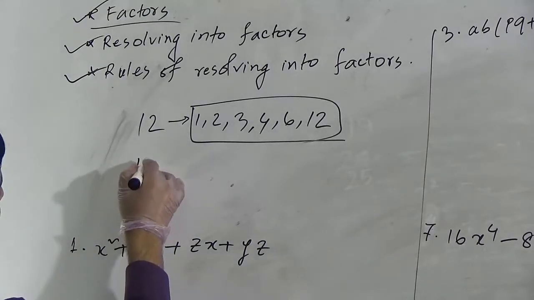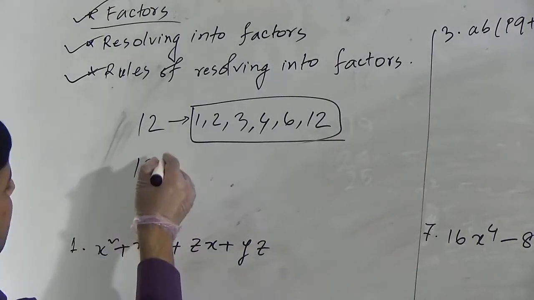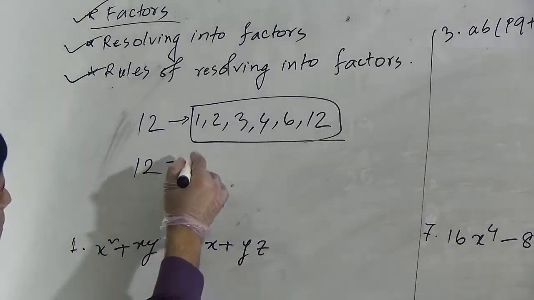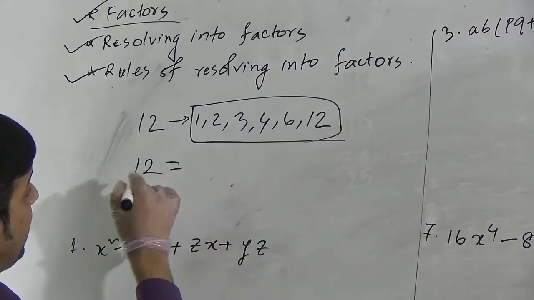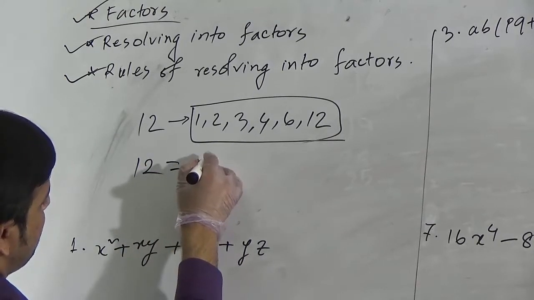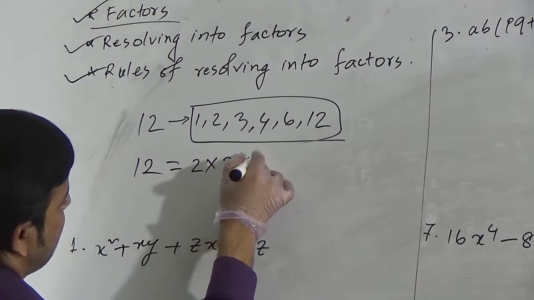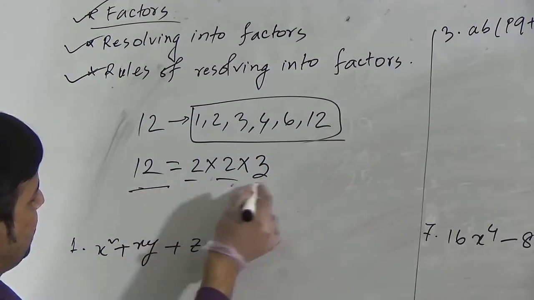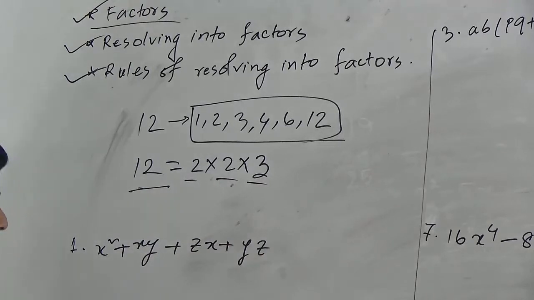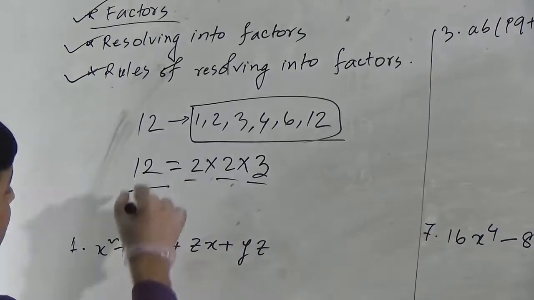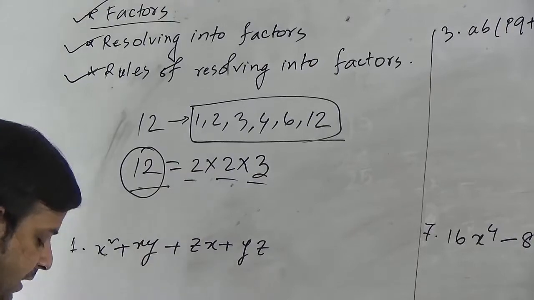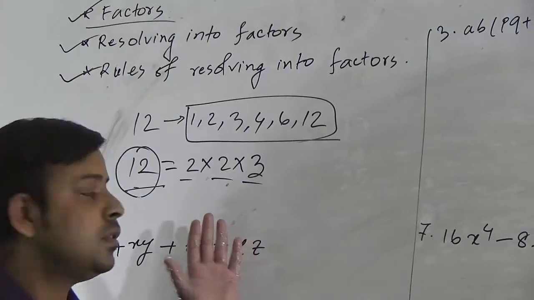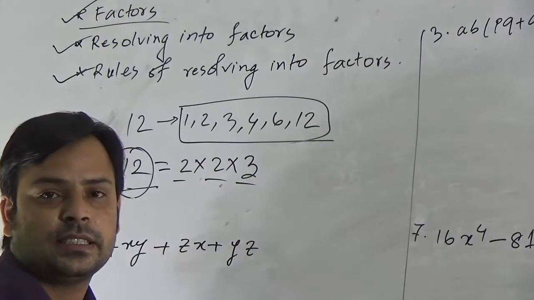If the question is resolve into factors, then we can write 12 as product of some factors. Suppose 2, 2 and 3. Here 2 is a factor of 12, 2 is a factor of 12 and 3 is also a factor of 12. So resolving 12 into factor means express 12 as product of some factors.